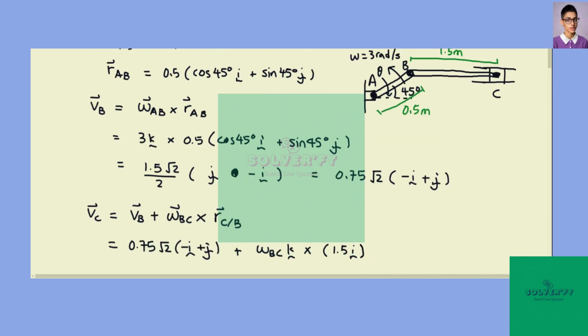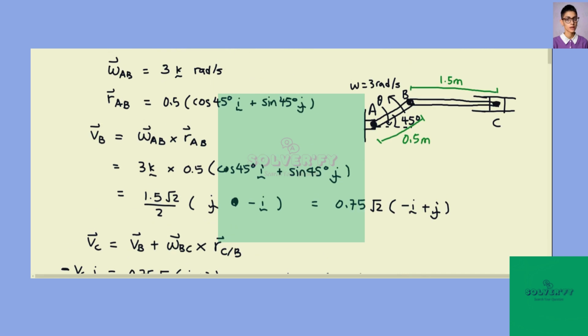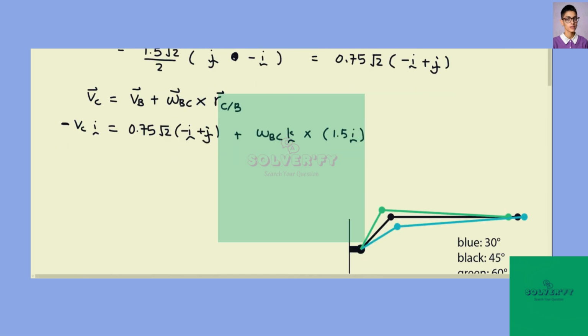From the diagram, VC has to be in the i direction, and it's going to be negative, because as link AB rotates counterclockwise, C is going to move to the left. So we continue: 0.75 square root 2 times (minus i plus j), plus 1.5 omega BC, where k cross i gives j.